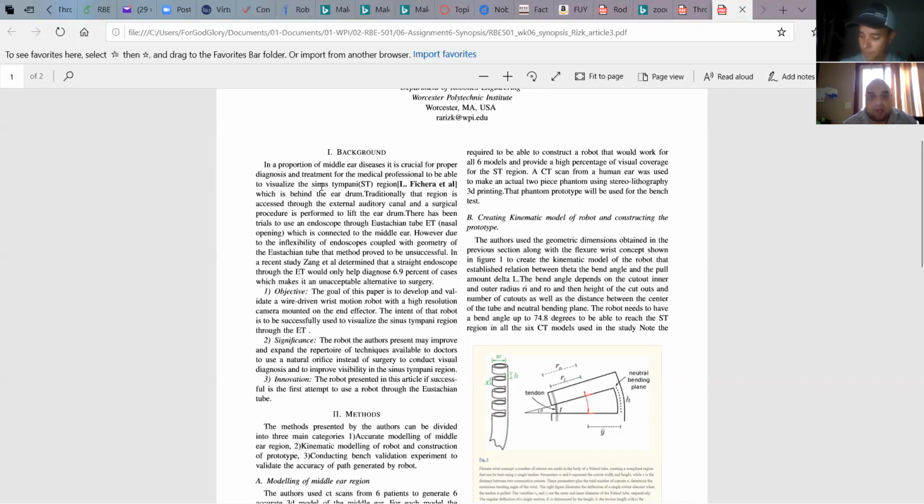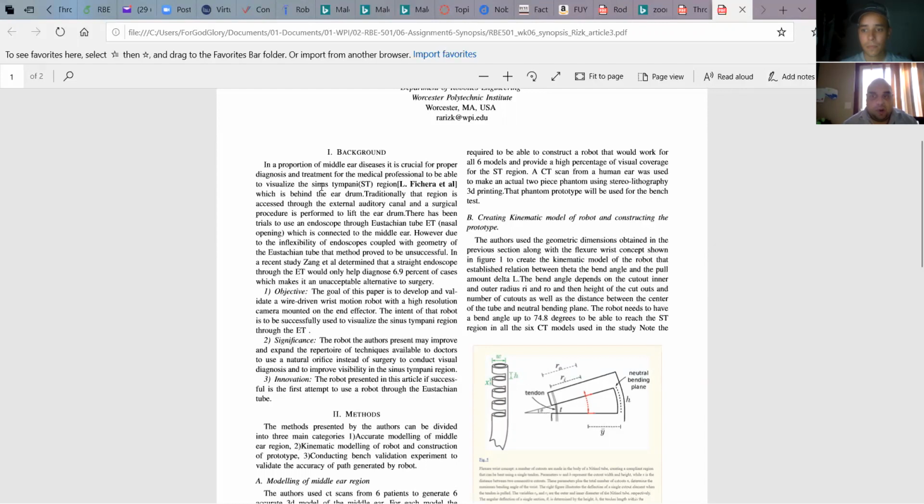Right now, if they go through the Eustachian tube, which is basically from the nasal opening that goes to the middle ear, due to the anatomy of the body, the nasal opening and the location of the middle ear are not 100% aligned. They are on different planes. So whatever has to go in there has to make a bend in order to get to the middle ear.